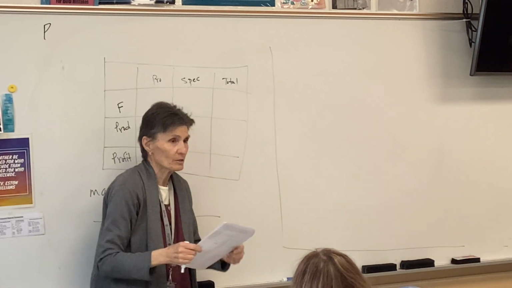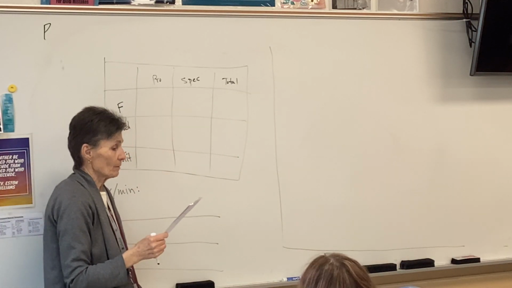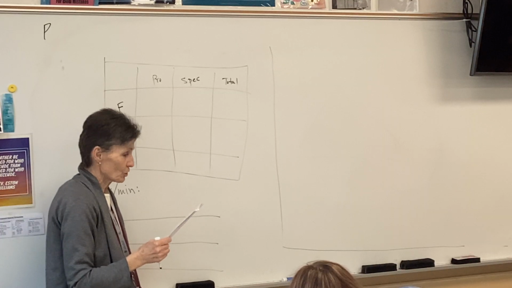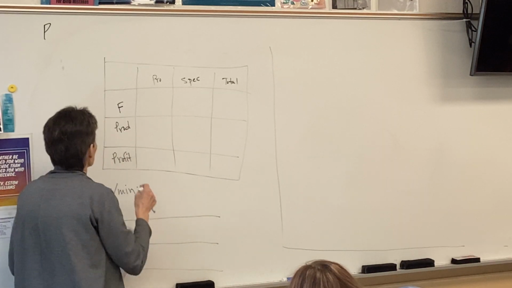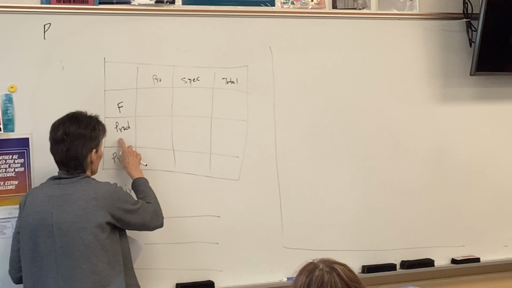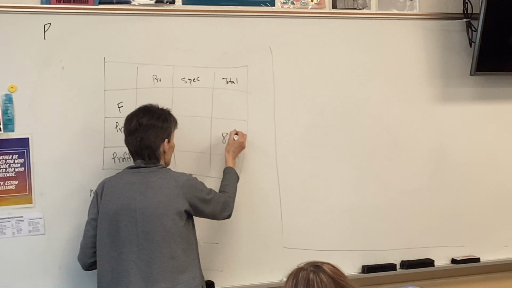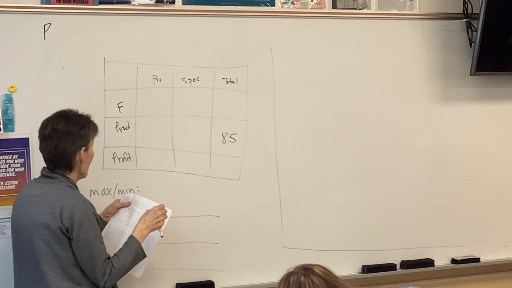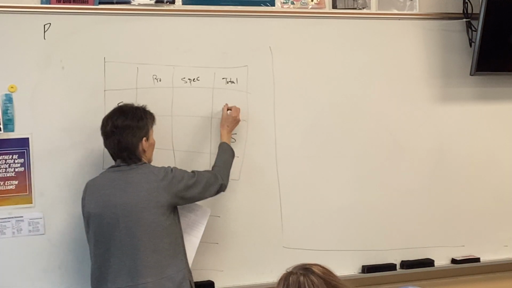Let's put some numbers in the chart, ready? Here we go. Total number of worker hours for production is 85. So production, total 85. There are 40 hours for finishing.